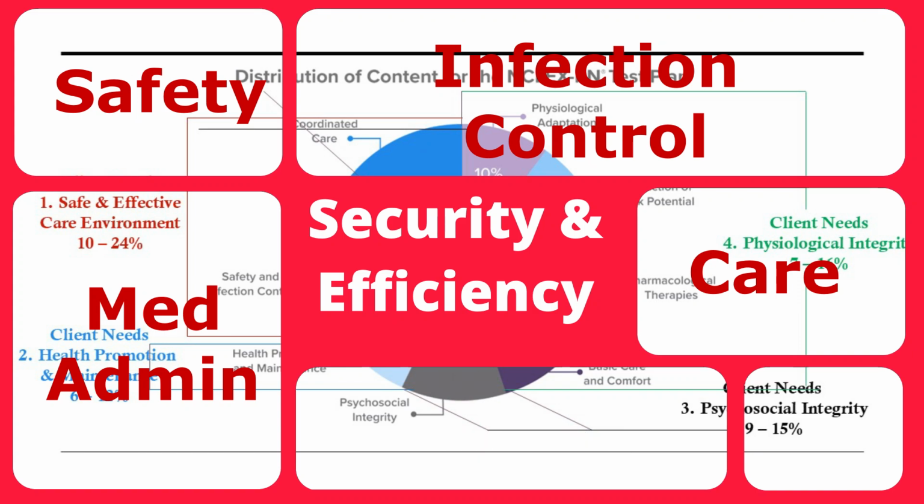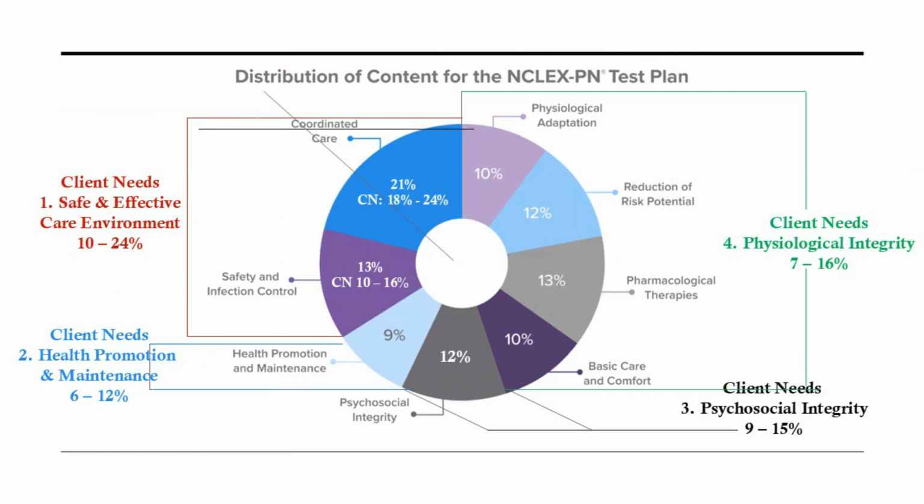The two contents that fall under this client need is coordination of care, which makes up 21% of the NCLEX content. The questions that deal with specific client needs when it comes to coordination of care deal with 18 to 24% of the NCLEX.